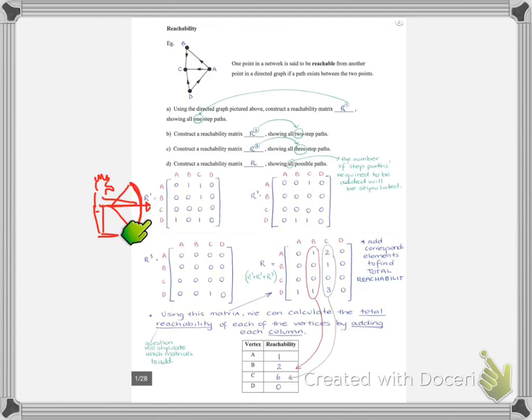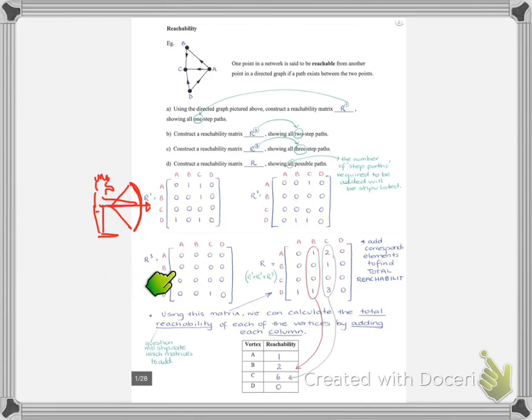Okay, so it's starting to get a little bit more complicated, because we're now going to look at an R3 matrix, which shows the number of ways we can reach from one vertex to another, but in 3 steps. So I might just get you to have a look at the graph and try and picture the graph as we look at the 3-step reachability.